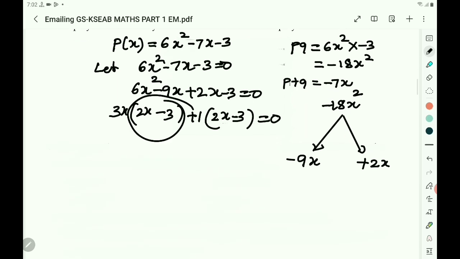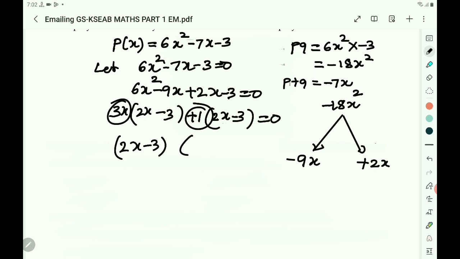So you got 2x − 3 as a common bracket. Take it as common: (2x − 3)(3x + 1) = 0.